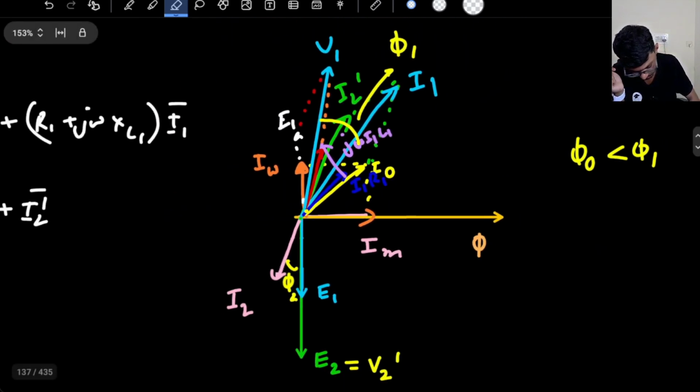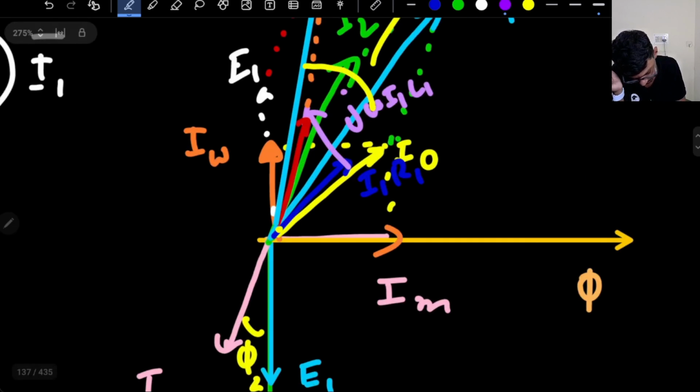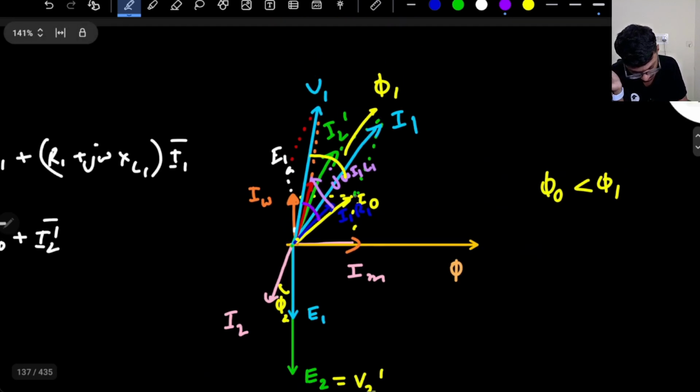So this is actually phi 0. There are so many colors here, I'm sorry for this being this messy. It will be here, between the voltage and the no load current.